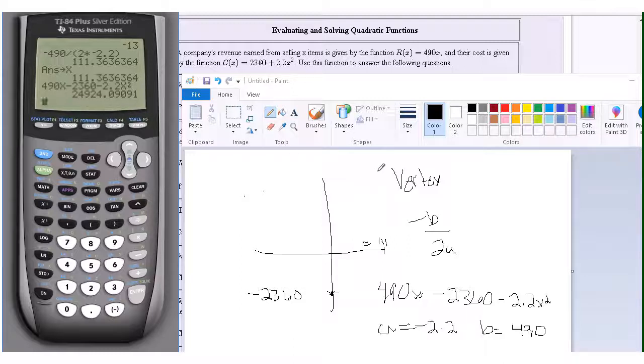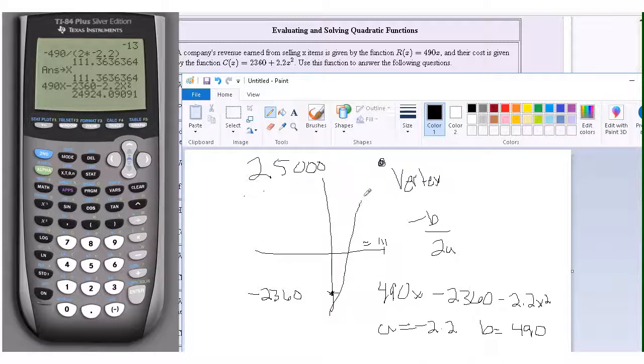So I know that my vertex is somewhere up here, approximately 25,000, because we're just trying to get an estimate right now for making my window. You can of course record this down and know exactly where the vertex is, but just for getting the window, if we get somewhere around 25,000, that should catch it.